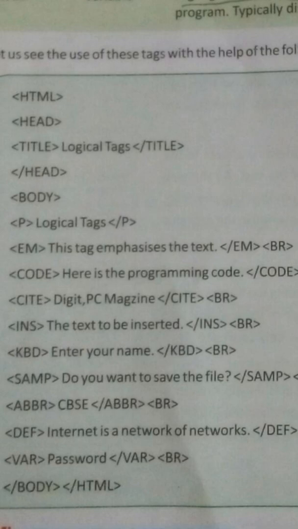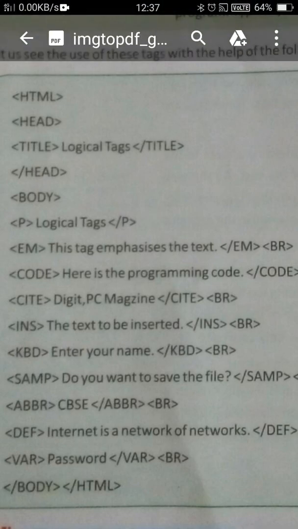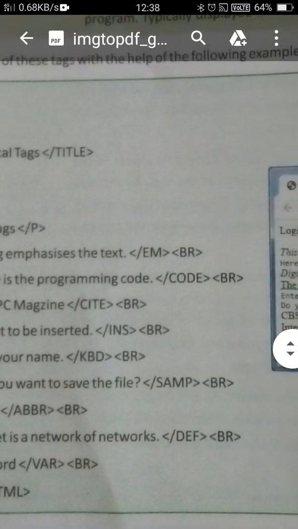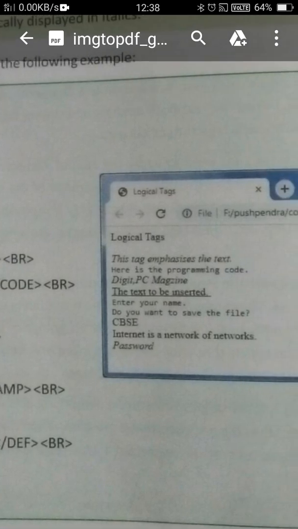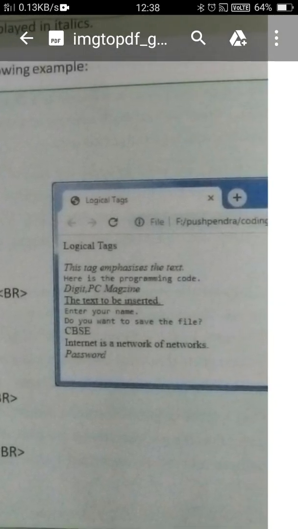I am showing you the web page. The first one is em, emphasis. It's used for italics, and for code it's printing the code. Text will be printed in code form, you can see here. Third one is cite, for the citation. It prints in italics, you can see.